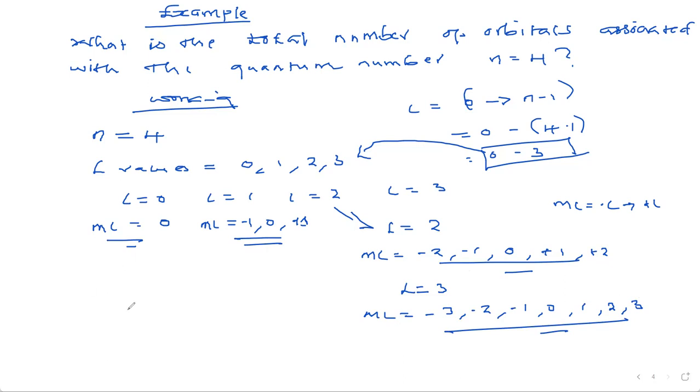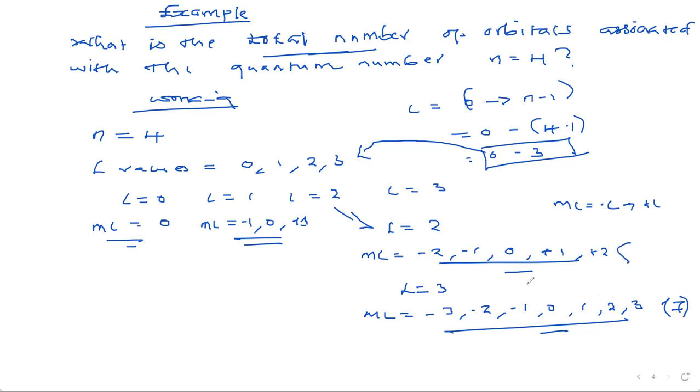Now, how do we get total orbitals? We basically have to count all the MLs and add them together. When L is equal to 0, ML is 0, so the total is 1. When L is equal to 3, the total ML values is 1, 2, 3, 4, 5, 6, 7, so here it's 7.